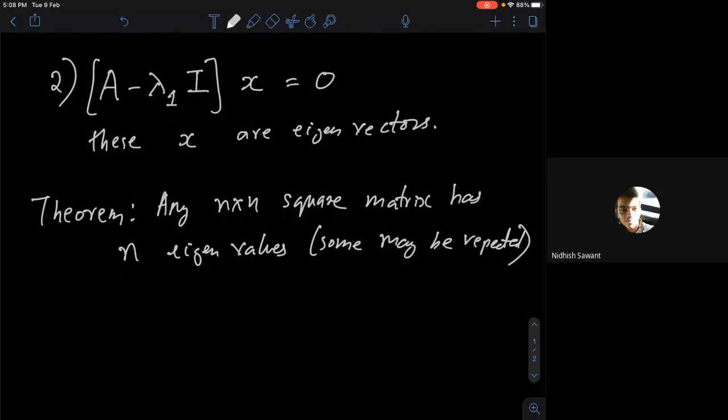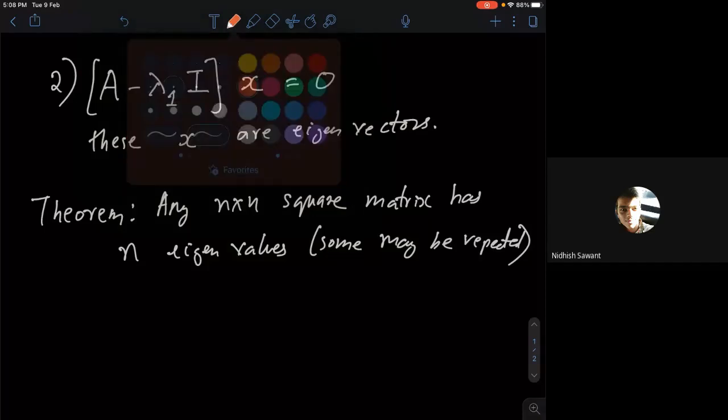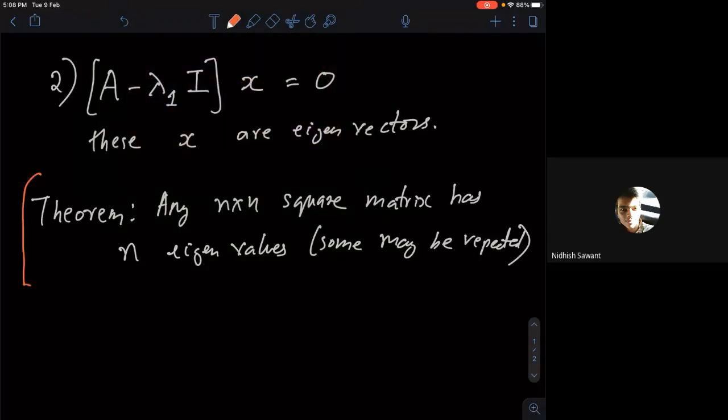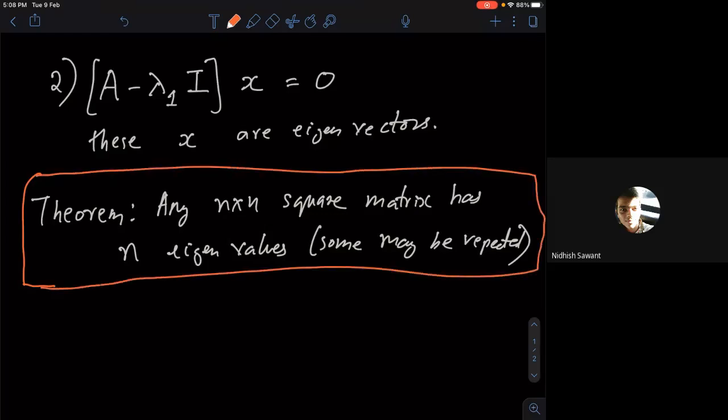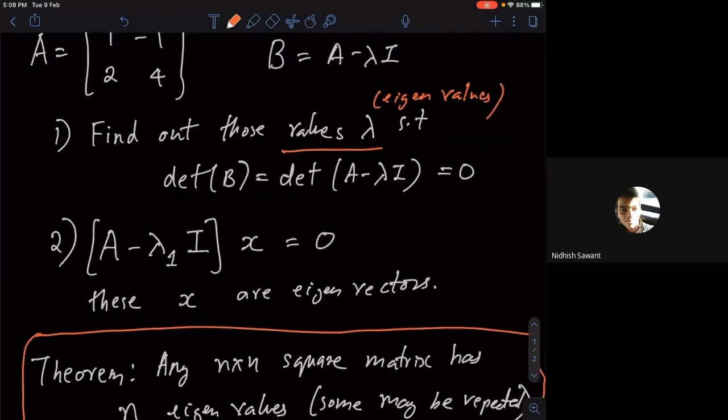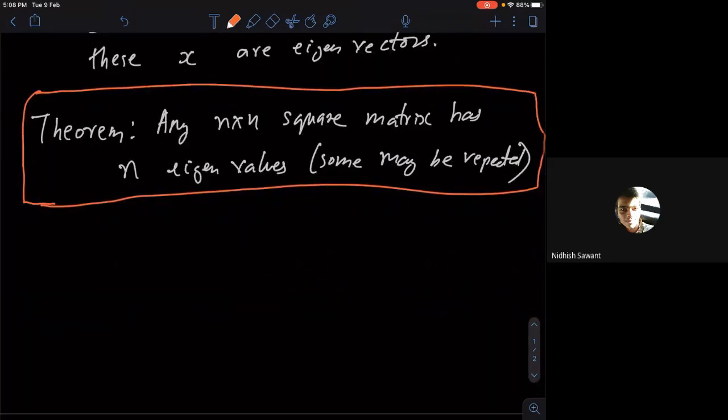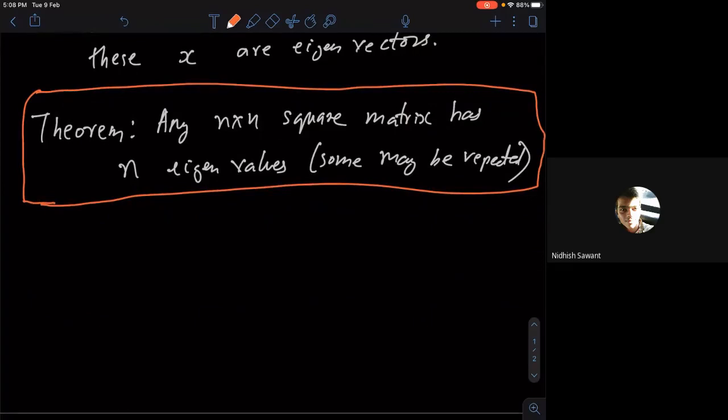But geometrically, what is the intuition behind the eigenvalues and eigenvectors? Who wants to recap that? So geometrically, what is good about eigenvalues and eigenvectors? Eigenvectors, after multiplication with a matrix A, don't change direction. They just grow in size or shrink in size.